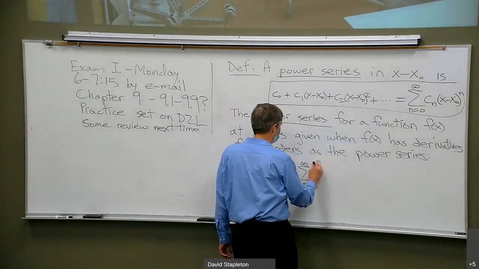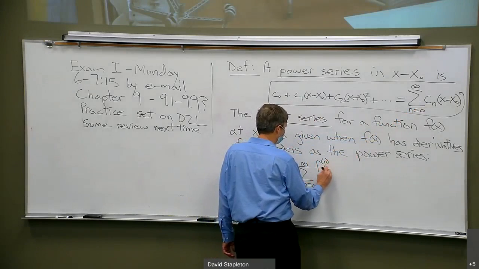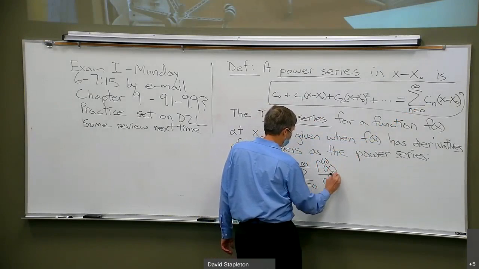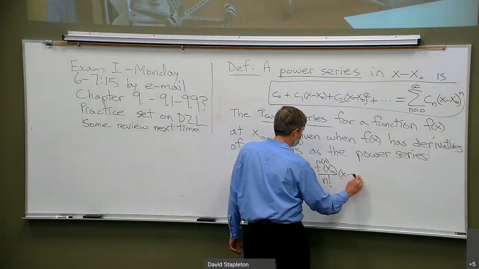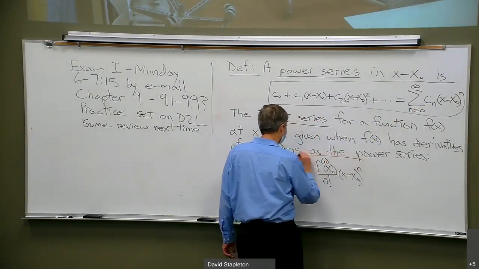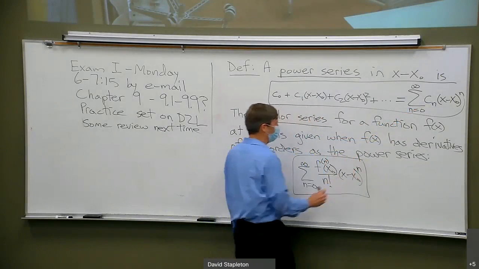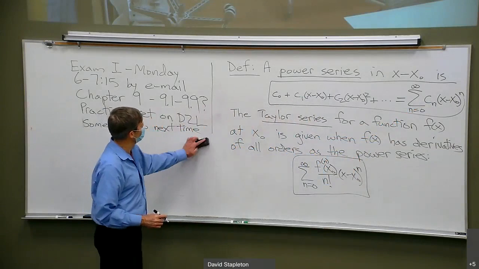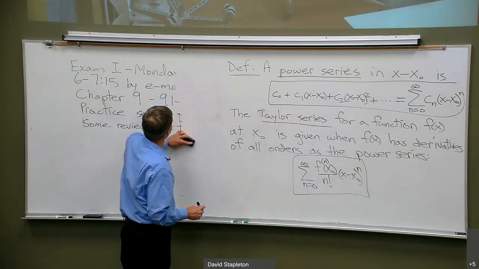They are the nth derivative of f at x naught over n factorial, times (x minus x naught) to the n. That specific power series is called the Taylor series at x naught for f of x.